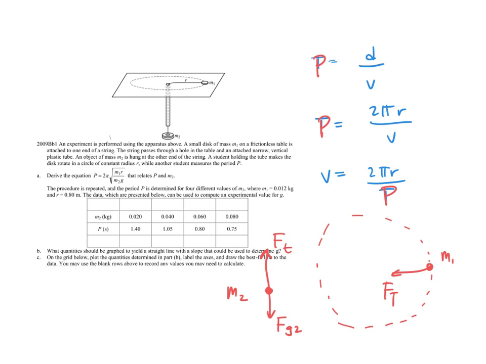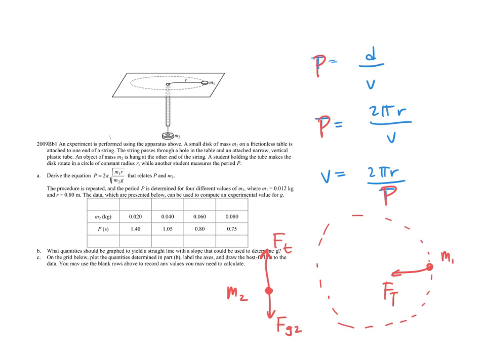So if this mass here were sliding either up or down, it would have acceleration, and we would say Ft minus Fg2 equals ma. But it's not moving up or down, because the radius is a constant in this problem. That's the only reason it's not sliding up or down.